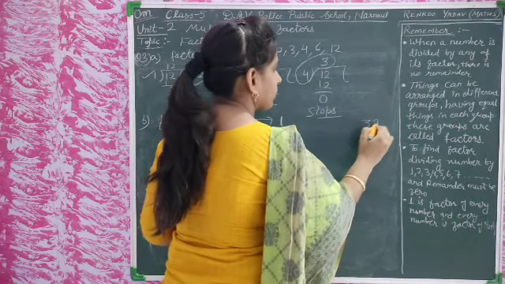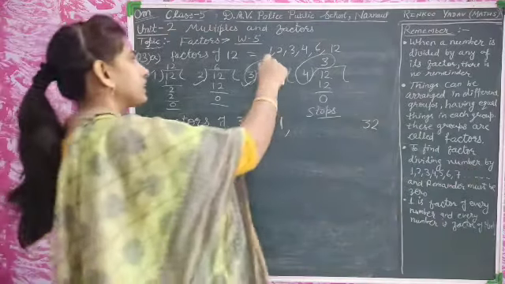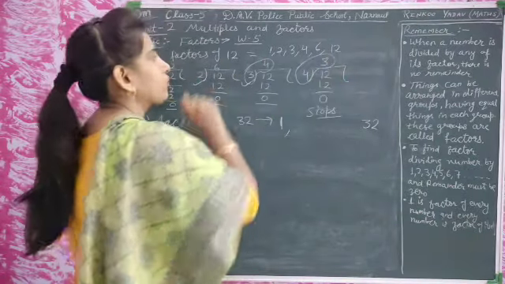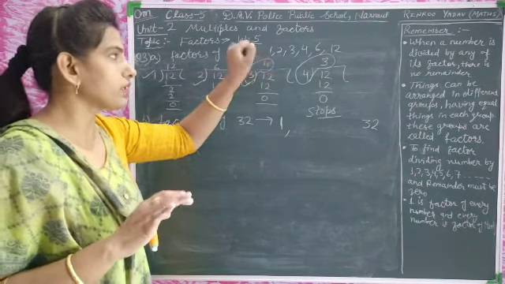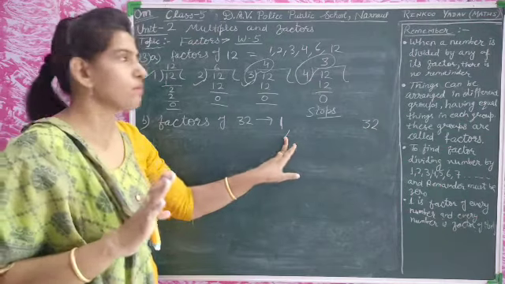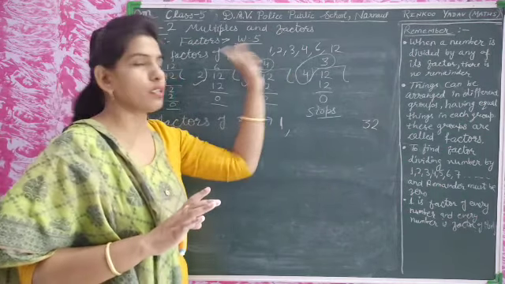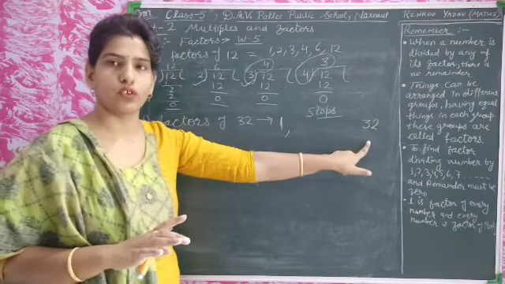Just as 1 and 12 are the factors of 12. 1 is always a factor of every number, so in every factorization, 1 is there obviously. And the last number is also a factor of itself. 32 is a factor of itself.